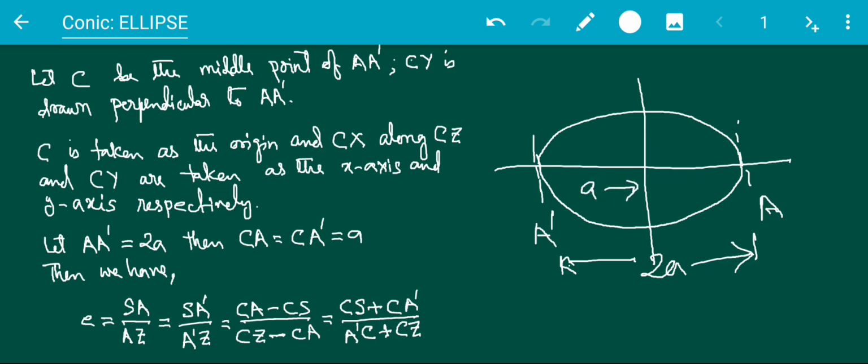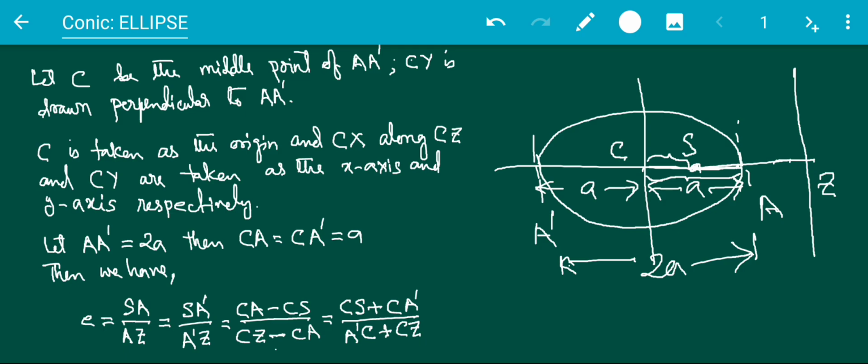Then we have SA by AZ equal to e, the same as SA dash by A dash Z. Now SA dash means this distance, which is CA dash plus CS, and SA means this distance, which is CA minus CS. So that is what we have written.